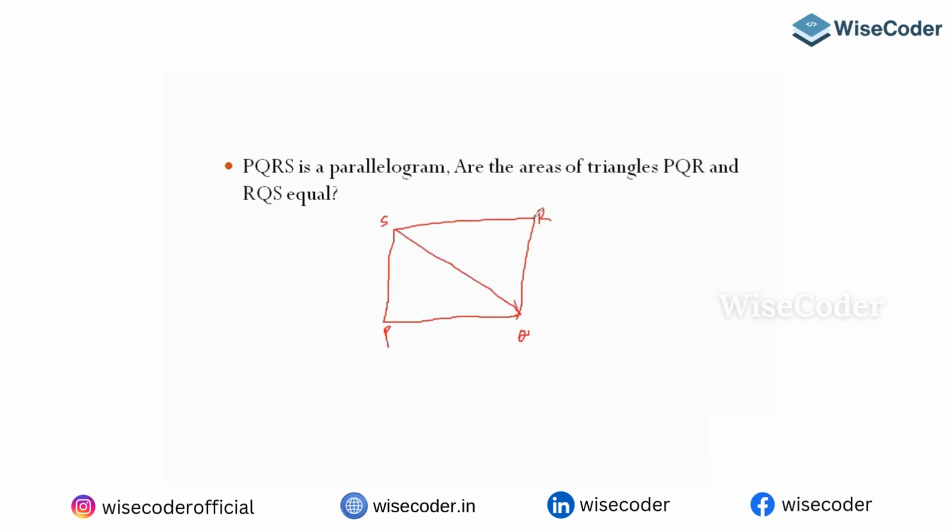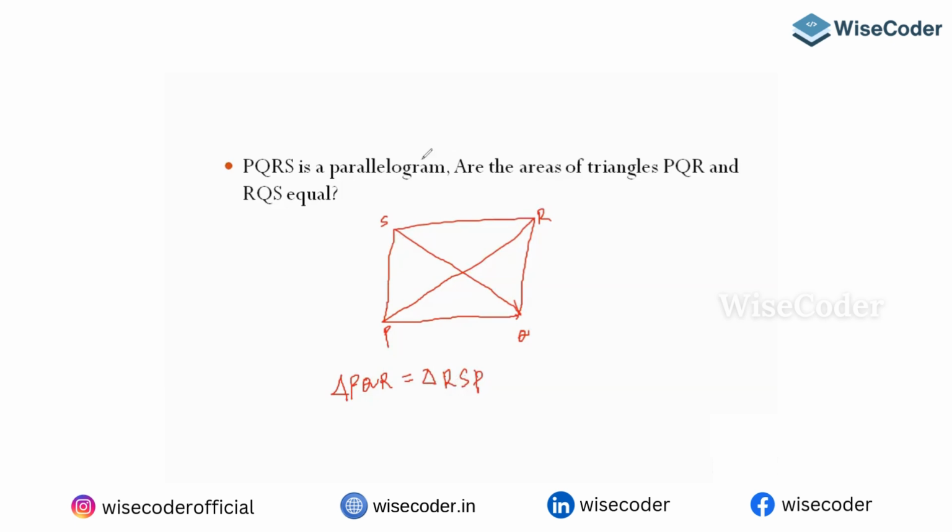They were telling angle PQR. Whatever the angle you get here, the triangle PQR is equal to triangle RSP, obviously. Angle SPQ equals angle QRS.